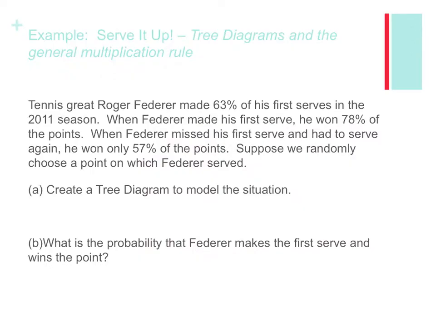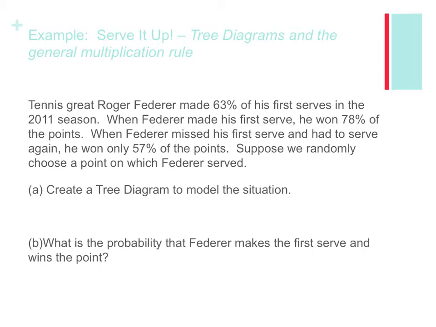So this would be a good problem. Tennis great Roger Federer made 63% of his first serves in the 2011 season. When Federer made his first serve, he won 78% of the points. When Federer missed his first serve and had to serve again, he won only 57% of the points.